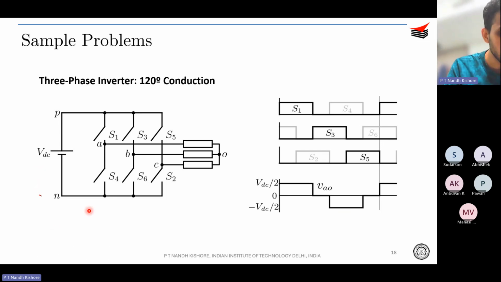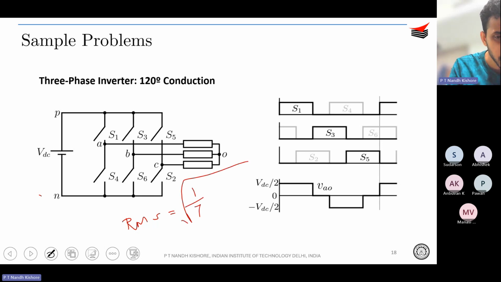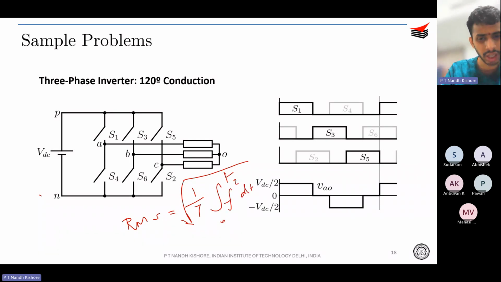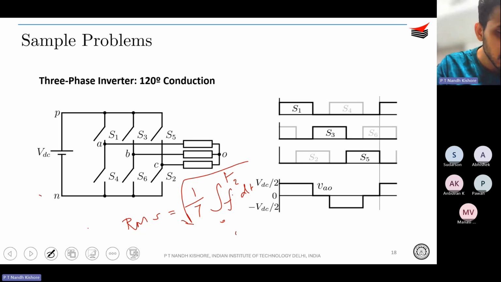So what is your RMS value? If I have to write, correct. So your RMS is basically root over 1 by T integral 0 to T f square dt, that is, the function squared dt. This is the basic definition of RMS, correct?